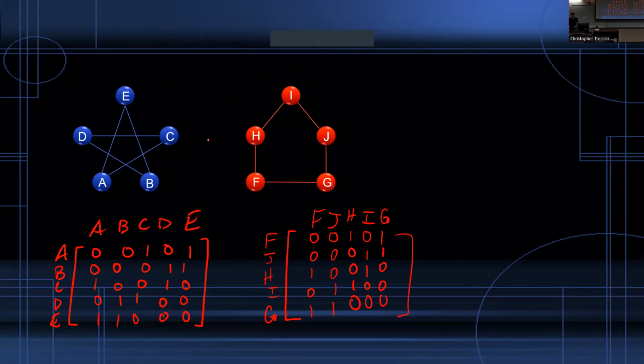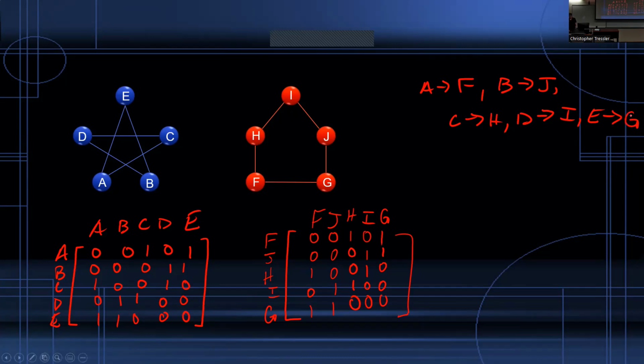It's really that A maps to F, B maps to J, C maps to H, D maps to I, and E maps to G. That is technically, once again, how you quote unquote prove this.